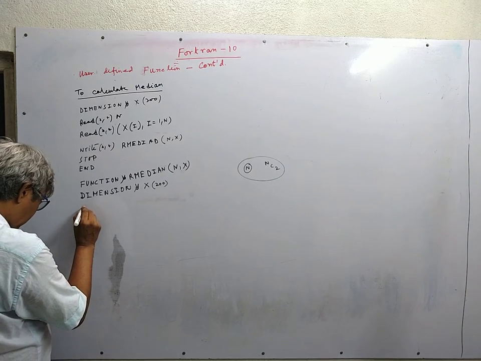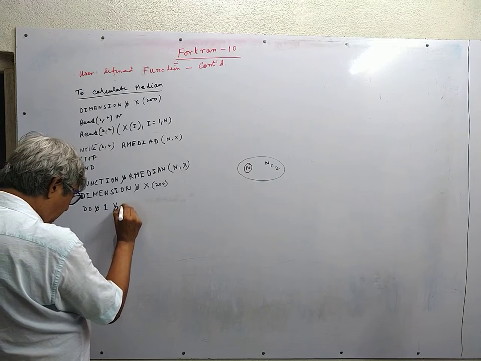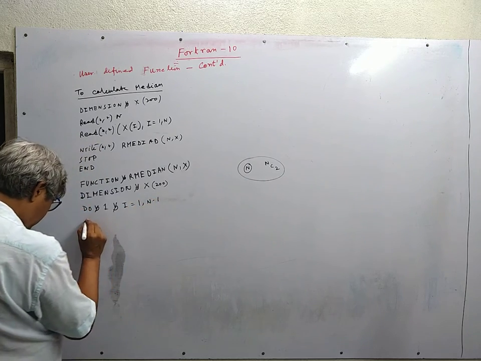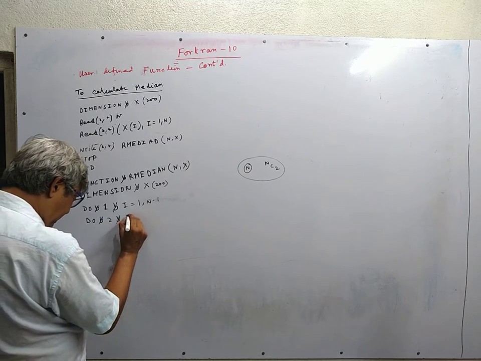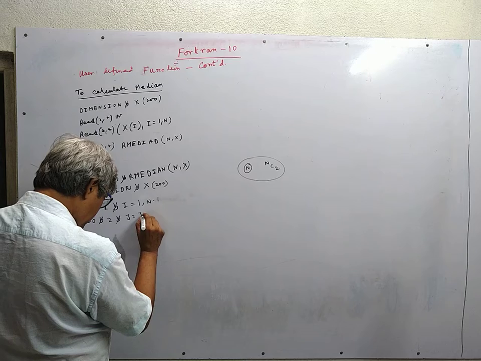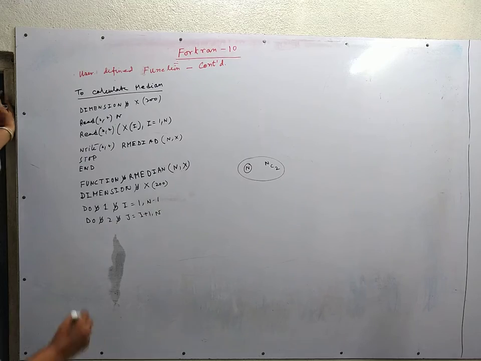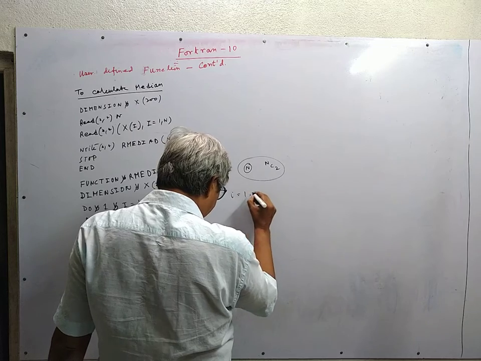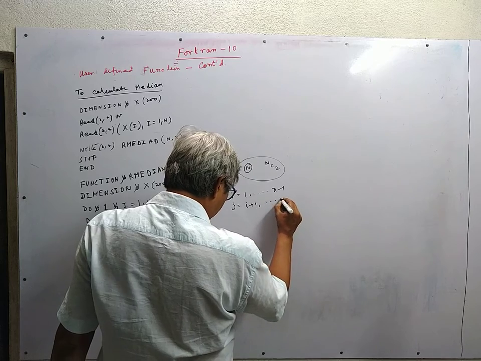So we do such a do 1, I is equal to 1 to n minus 1, do 2, j is equal to I plus 1 to n. Then I ranges from 1 to n minus 1, j ranging from I plus 1 to n.